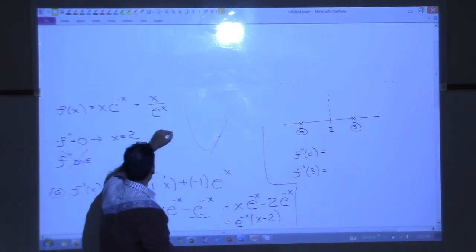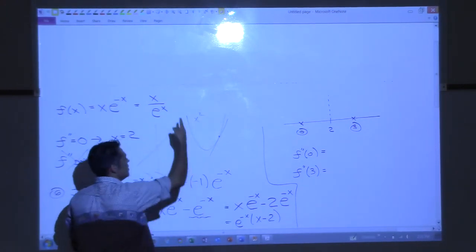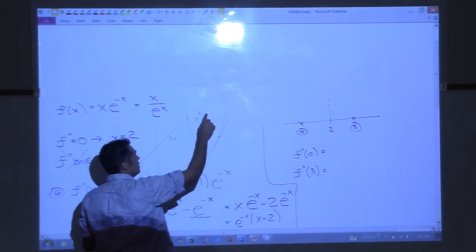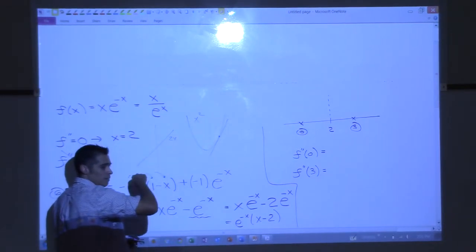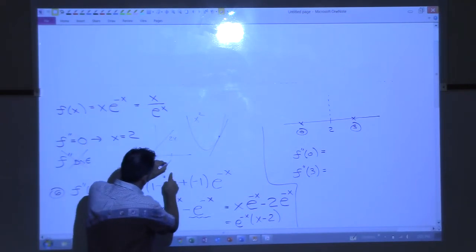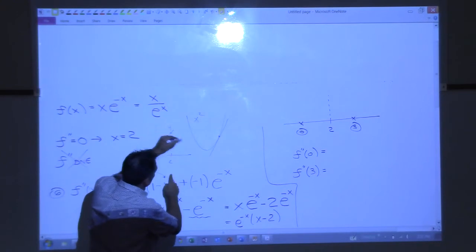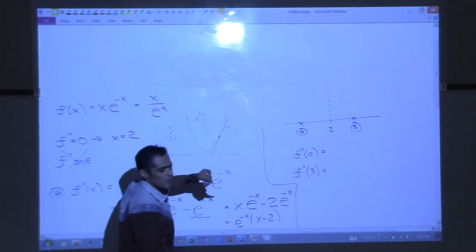The derivative of the parabola is a line of slope 2x, because this is x squared, right? So the derivative of this is actually a new function, 2x. And if I go to a certain x value, let's say 2, plug it in, I get 4, that corresponds to the slope of that line right there being 4.